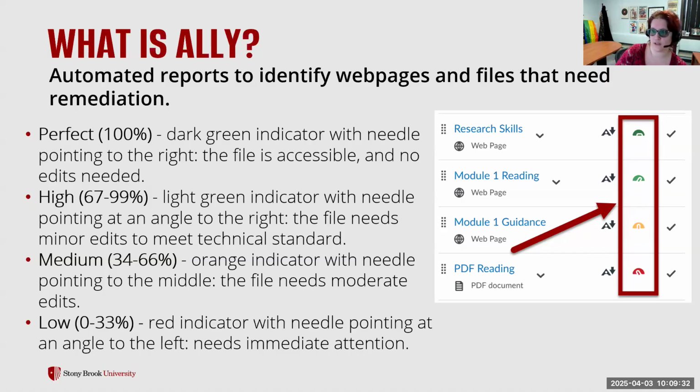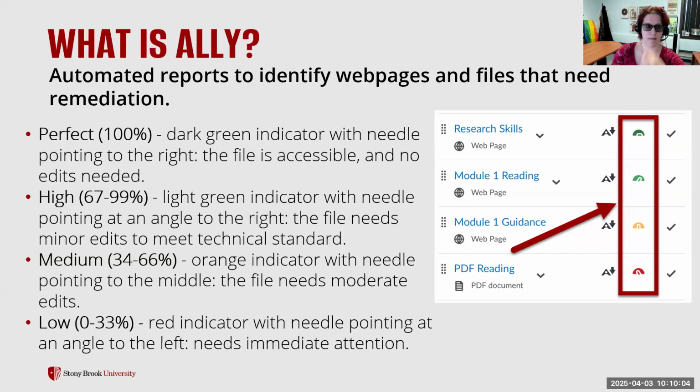If you're seeing a dark green indicator with the needle pointing all the way to the right, the file is accessible and really no edits are needed because it's 100% perfect. We like it. If it's high, it's going to be a light green indicator and the needle is going to be at an angle, a little bit to the right still, but not flat. The file needs some minor edits to meet the technical standard. So it's close to being accessible, but it's not quite there.